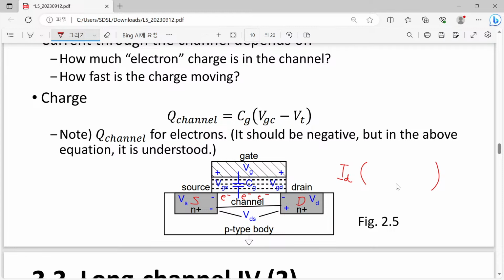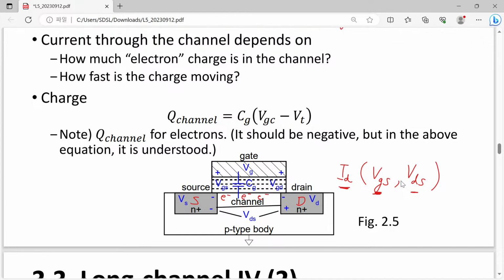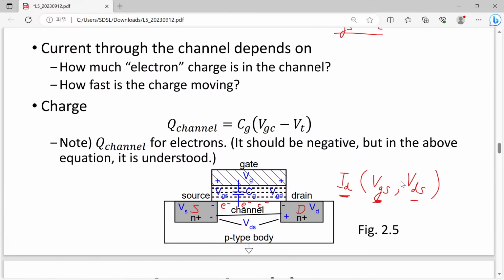More specifically, we want to calculate DC: express our drain current in terms of gate voltage and drain voltage. That is our goal, and we will do this in this lecture. I think that was already covered in the microelectronics course, but we have to repeat it once again.